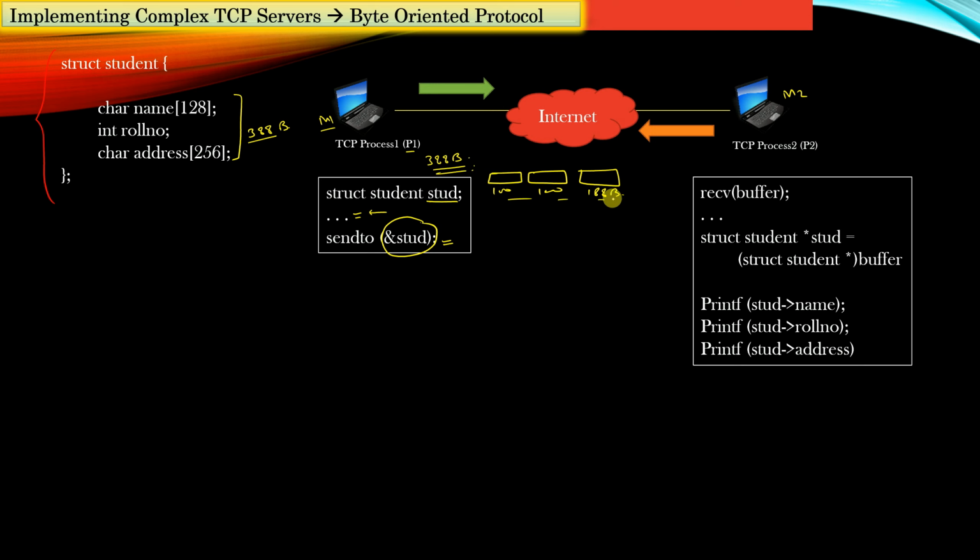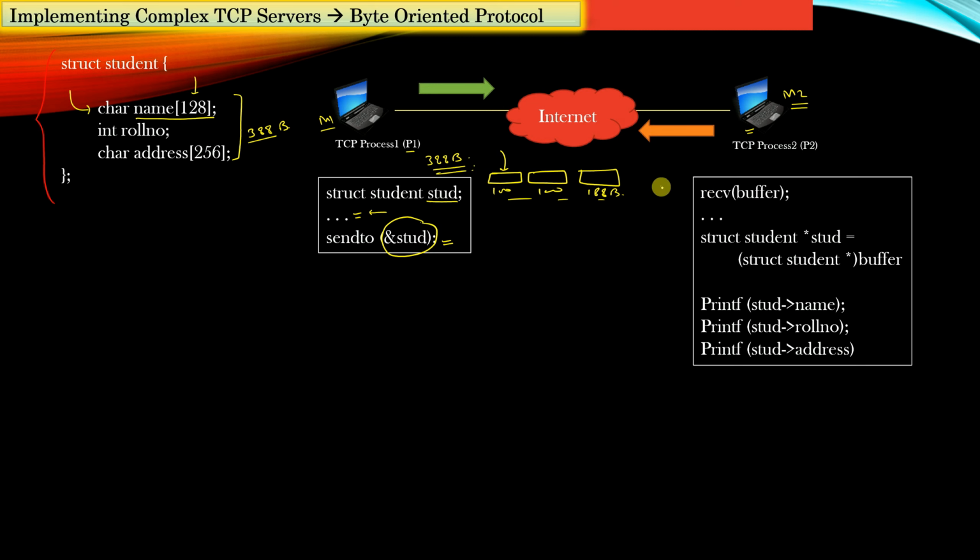When these segments are delivered to the application running on machine M2, this information doesn't make sense at all. For example, the first 100 bytes don't make sense to the application on M2. In this structure, the name itself is 128 bytes long. So if the process on machine M2 receives the first 100 bytes of the message, it is not even a complete name, because the name is 128 bytes long.